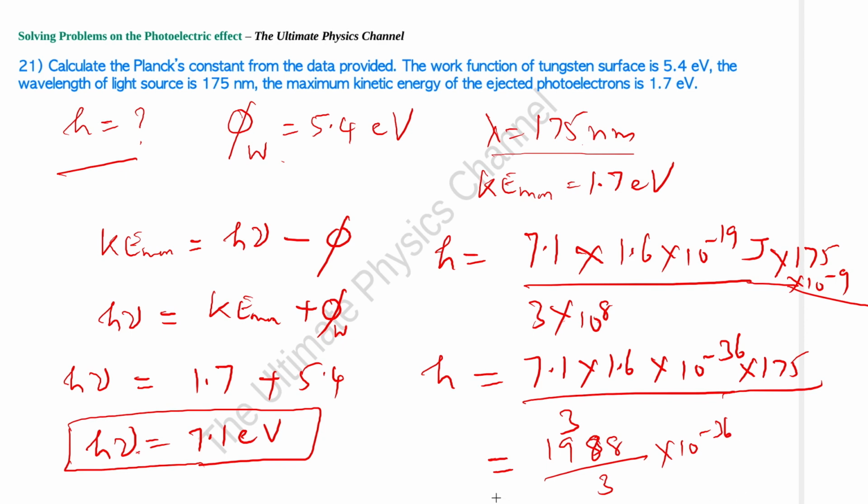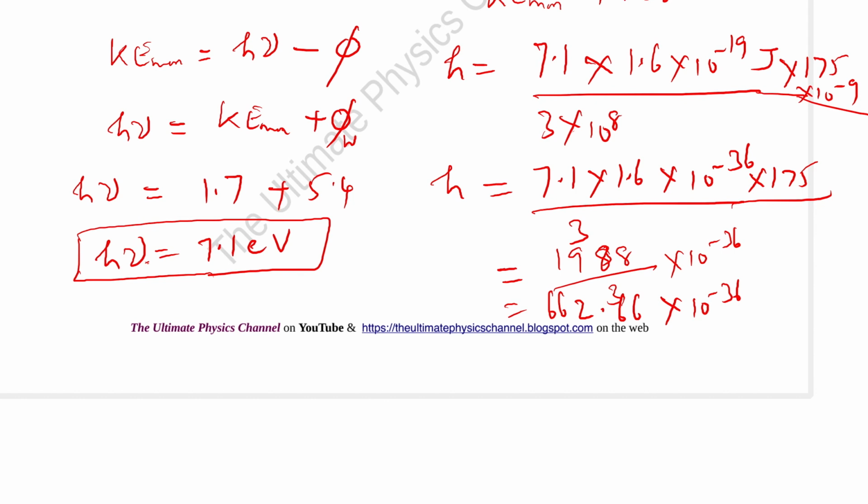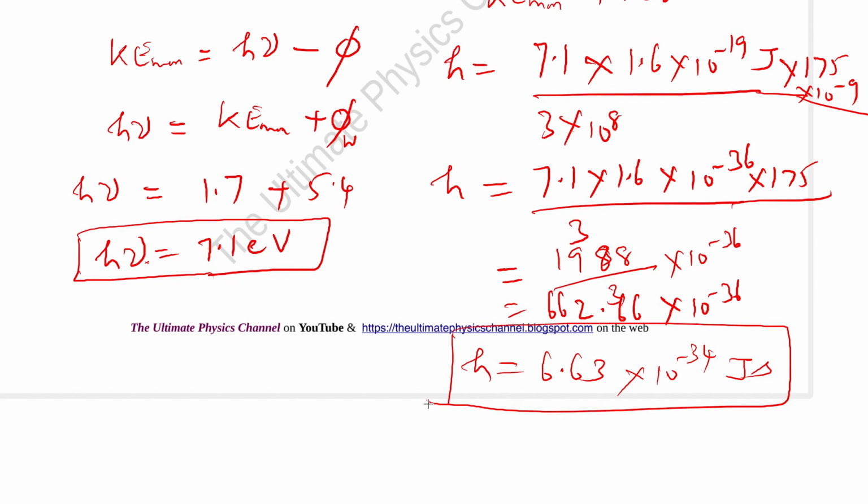We get for this 662.66 times 10 power minus 36. That is the value for this expression, and that can be written as 6.63 roughly times 10 power minus 34 joule second units for Planck's constant. So we get a very accurate value of Planck's constant for the given data.